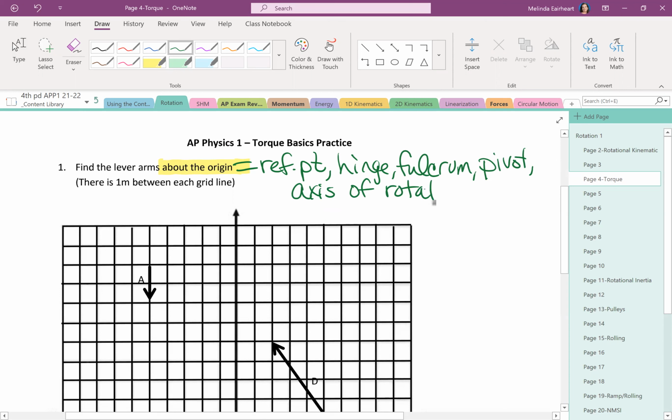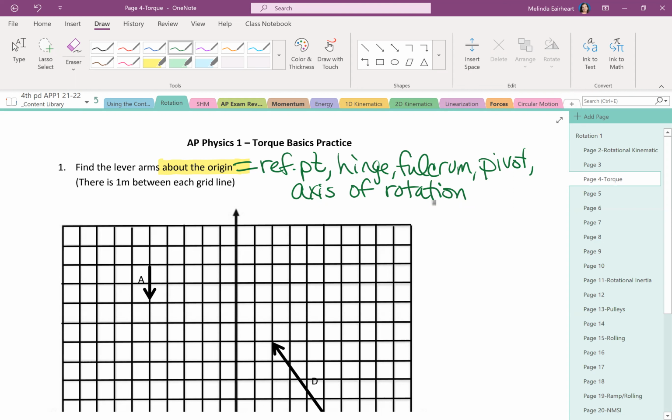I only give you the others not to confuse you or stress you out. Different problems may have a different one, like a door problem might say the hinge. A teeter-totter might say fulcrum, okay? If I'm a basketball player rotating my body, I might be about 1 foot, the pivot, right? Okay, but number 1 is all about the lever arm.